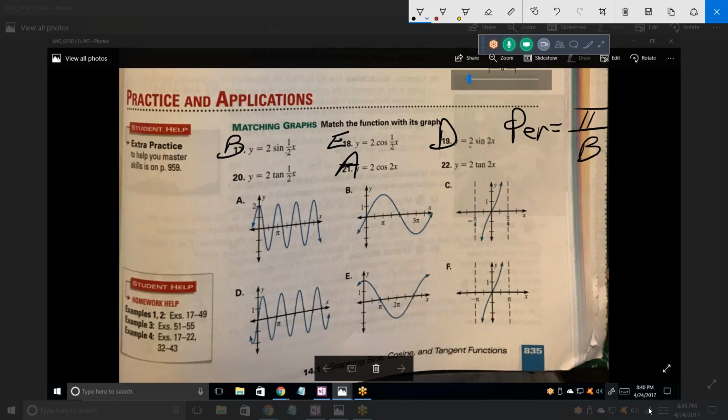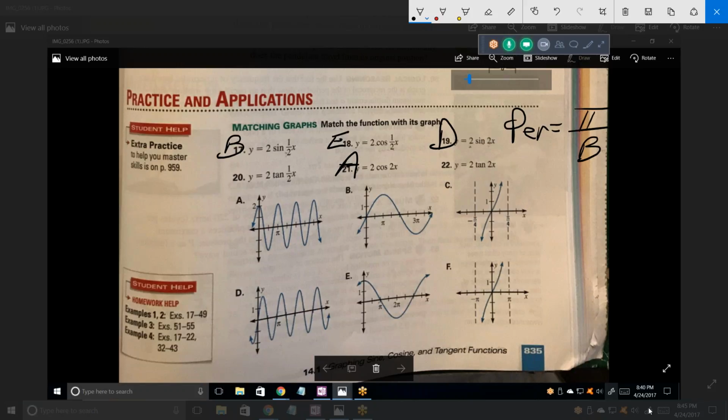In other words, one full cycle of tangent is pi, normally. In other words, if you draw a curve with a b of 1, your period is going to be pi with tangent. It's not 2 pi over b, like sine and cosine are.